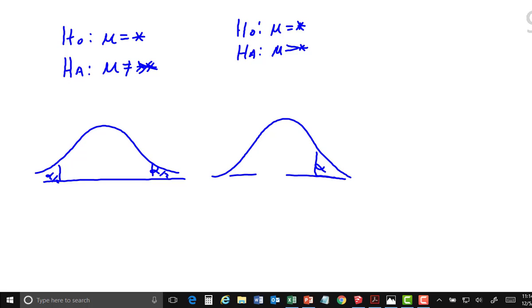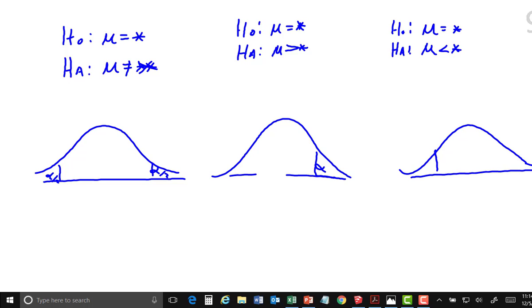And what's the next case? Well, same thing. You have the null, again making a claim that it's asterisk, and then the alternative, which is the one you're really testing, is that it's less than asterisk. Then we're going to have a one-tailed test to the left, right, with all of alpha going in here, not alpha divided by 2. Okay?